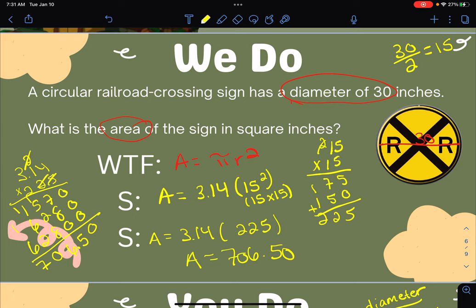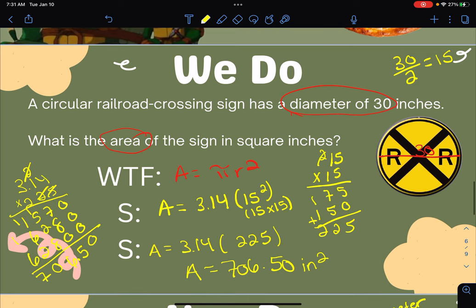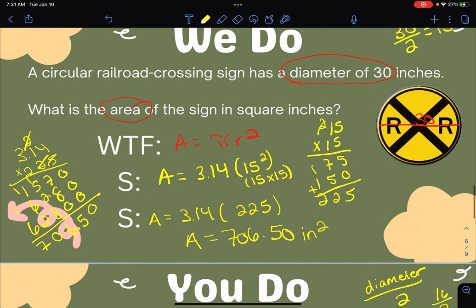So your area for the railroad sign should have been 706.50 inches squared. So that's just so you can check your work for the we-do. Make sure you multiply it correctly.